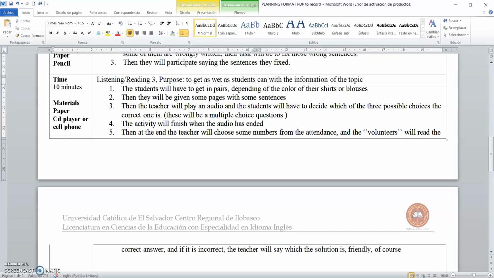Okay, the third activity. The time, 10 minutes. Material, paper, CD player, or cell phone, because both ones can be useful, because this is going to be used for playing music or a song. So, listening, reading 3. Purpose, to get as much as students can with the information of the topic.